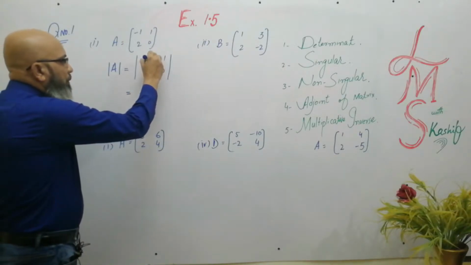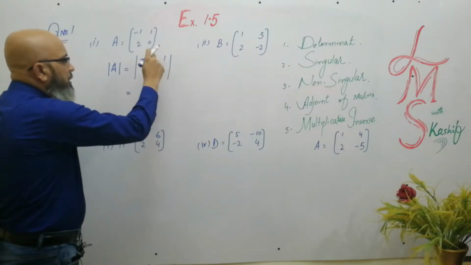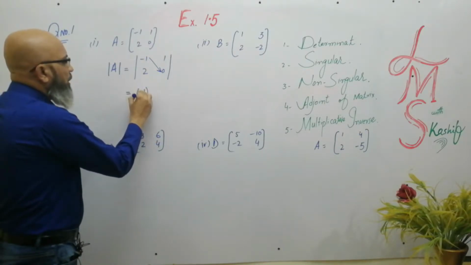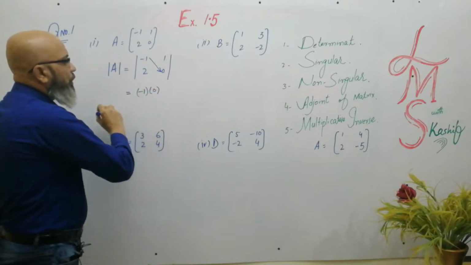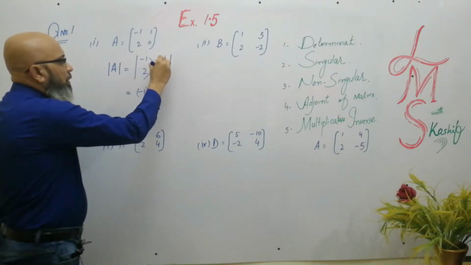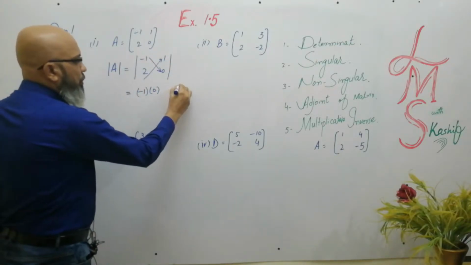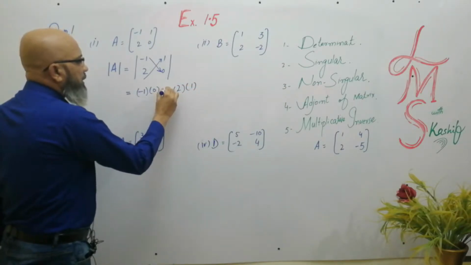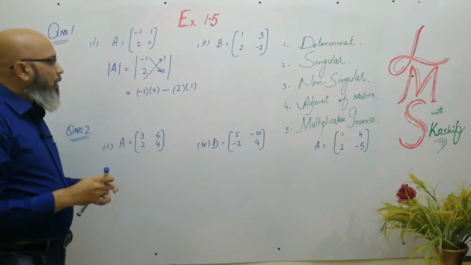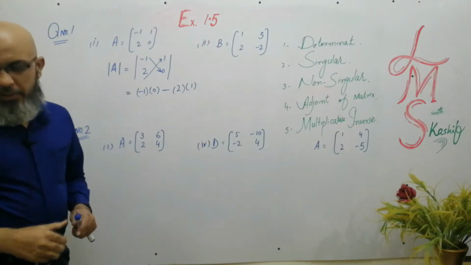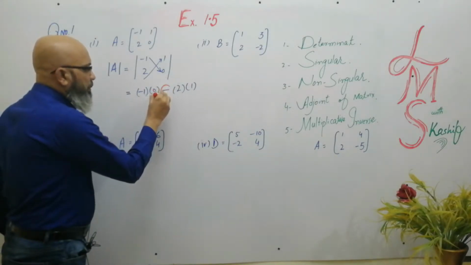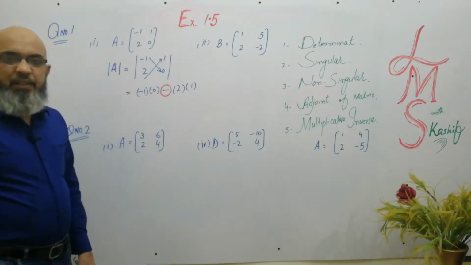Simply you will multiply its diagonals, means -1 multiplied by 0, and other diagonal 2 multiplied by 1, and the sign between them is always minus. Keep in mind, the sign between them will come minus.